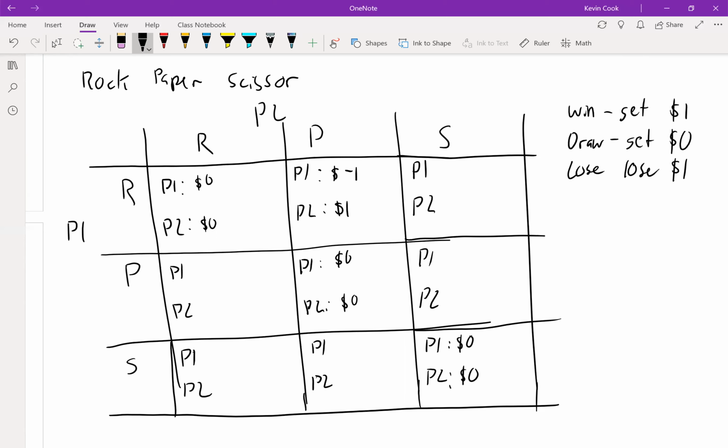And on this third one, rock smashes scissor, so player one would gain $1 and player two would lose $1. Let me get this written right. There we go. And same thing down here. If player one is paper and player two is rock, then player one will win $1 and player two will lose $1. If player one is paper versus scissor, player one loses.